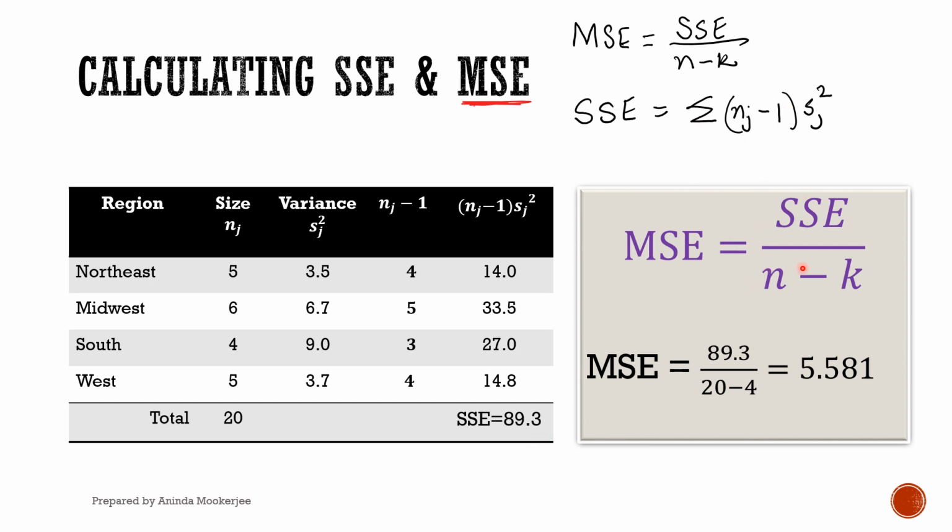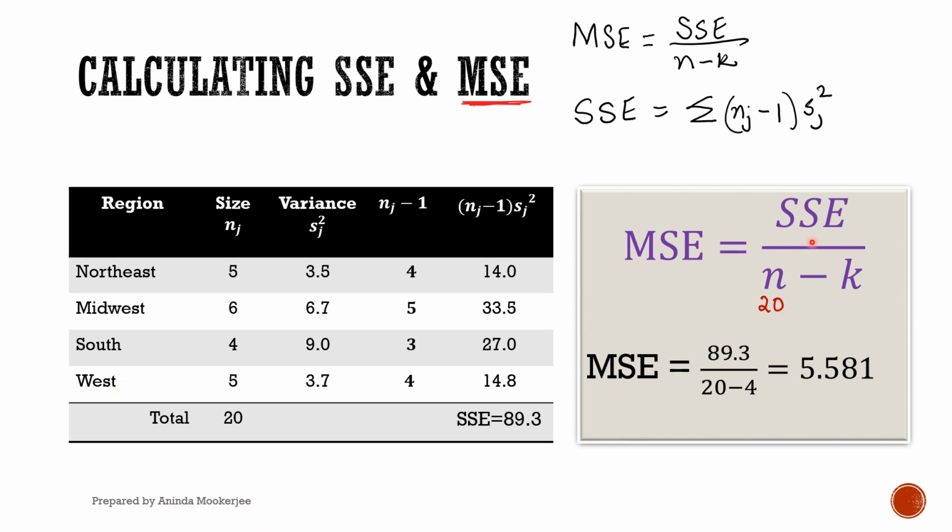And then in the denominator, to find the MSE, you need to divide SSE by n minus k. What is n? N is your total sample size, correct? So n is going to be 20, and then k represents the number of means you are comparing. We already used a value for k in the previous slide when we calculated SSTR, or MSTR really.